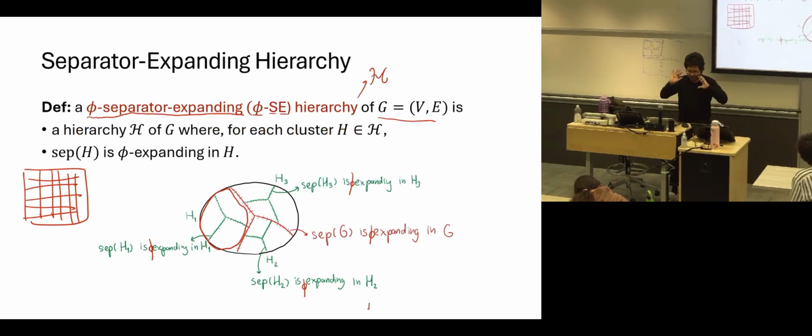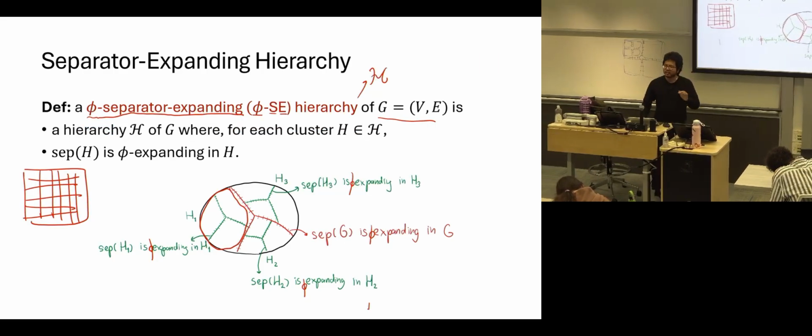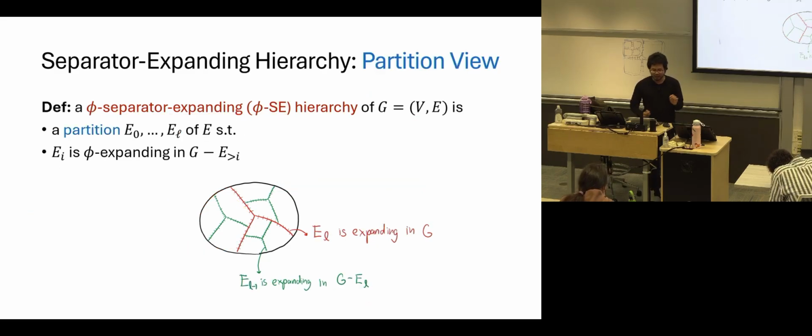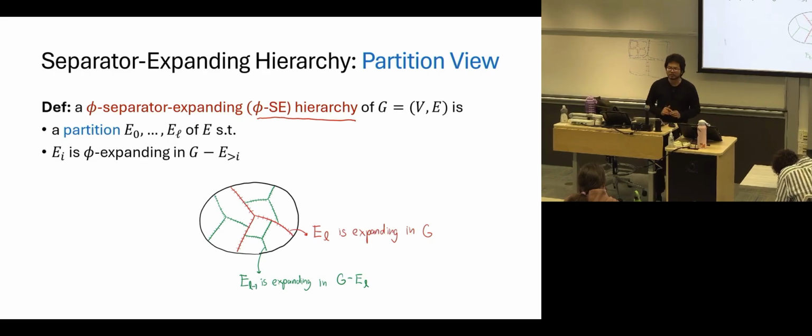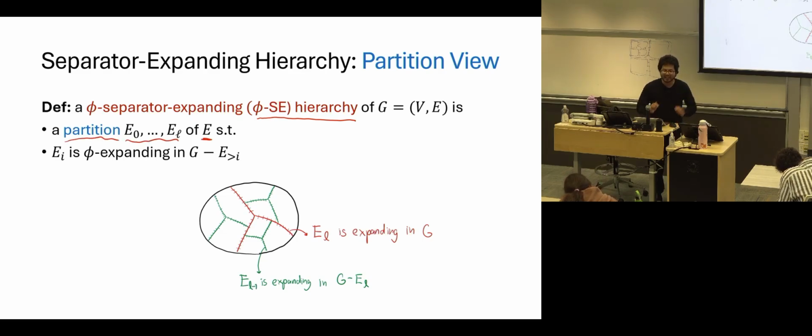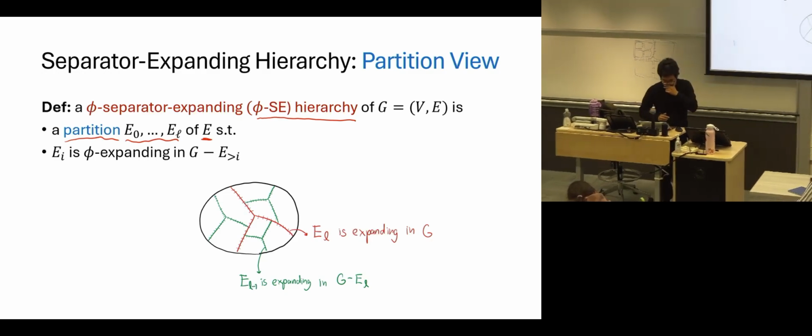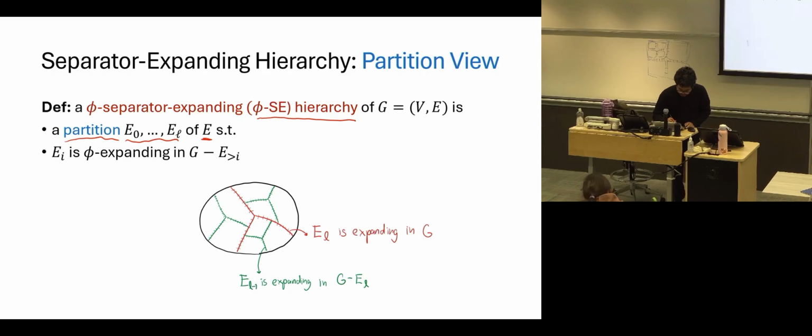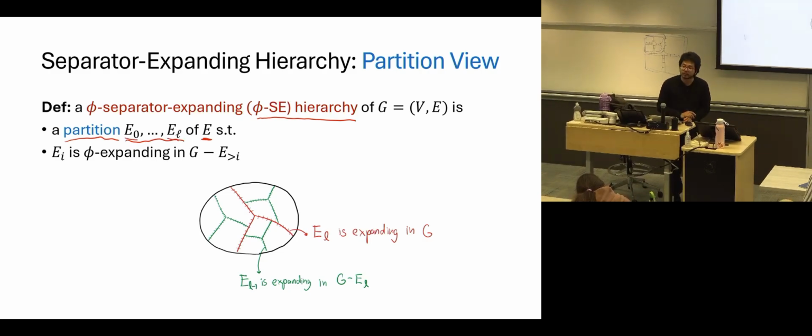Just to let you really understand the definition, let's look at it in another view. You can view this hierarchy in this way too. If I partition each set of a graph into parts, into levels, I have E0 up to EL.